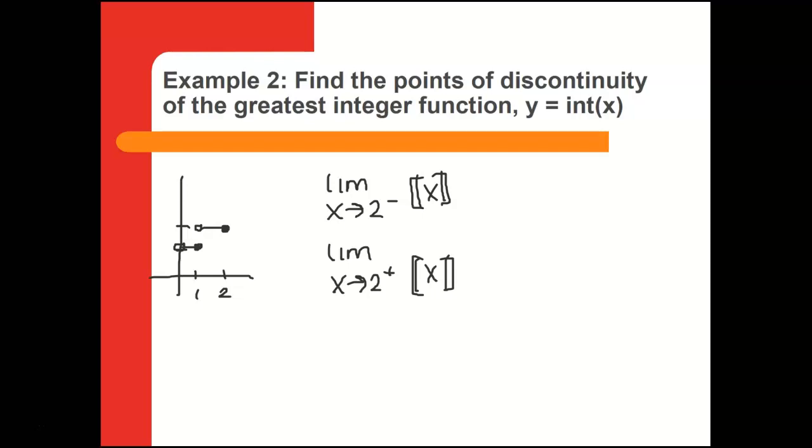So the greatest integer as x approaches 2 from the left would be 2. The greatest integer as x approaches 2 from the right would be 3.